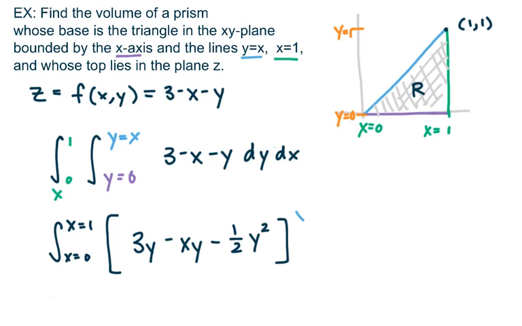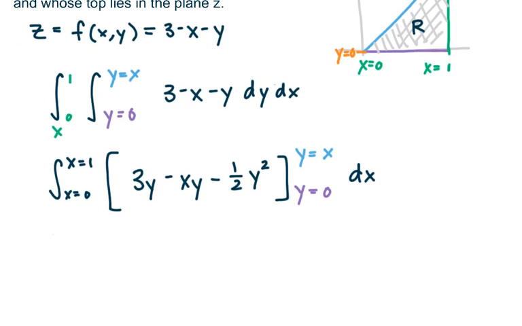And my y values that I've got to plug in, I'm going to plug in y equals x, and then also y equals 0. And of course, I'll still have to integrate with respect to x. Now what's nice is when I plug in 0, all of those terms are going to go away. So I'm just going to plug in x. I've got 3x minus x squared minus 1/2 x squared.